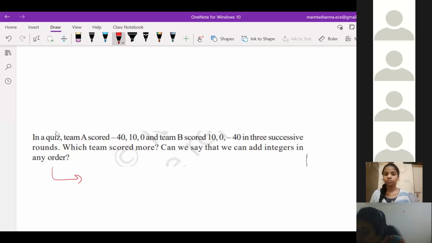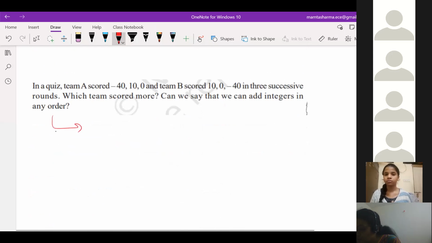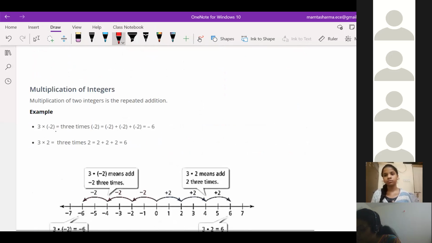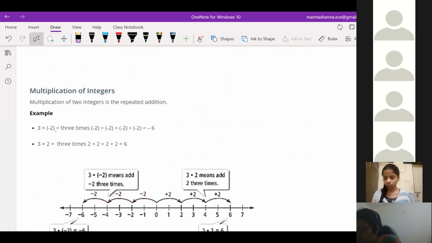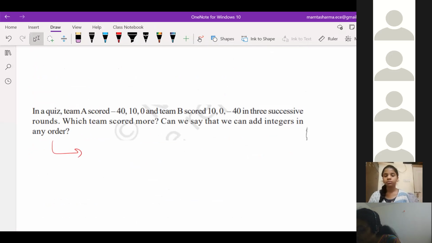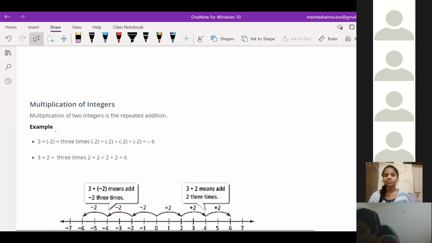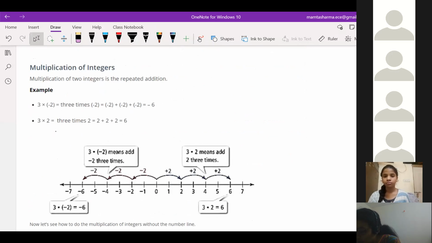We can multiply in any order, but we cannot divide in any order. We will see. So now addition, subtraction and their properties are over. That is very easy, so I am skipping these easy questions.